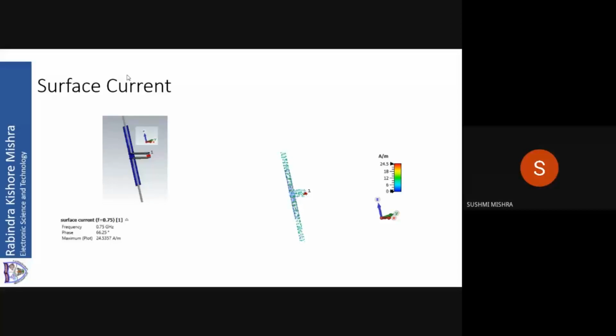The antenna axis is along the Z axis. That is why I have given the inset as the Z axis. This was done much earlier, using CST Microwave Studio. So this gives you a dipole antenna. And on the right hand side, we see the current variation over a large frequency band at different points of time.